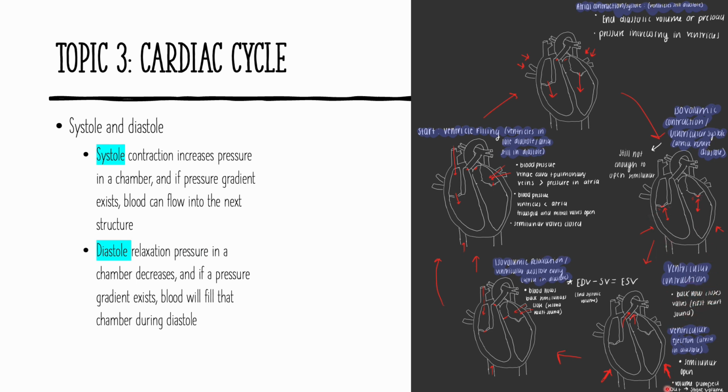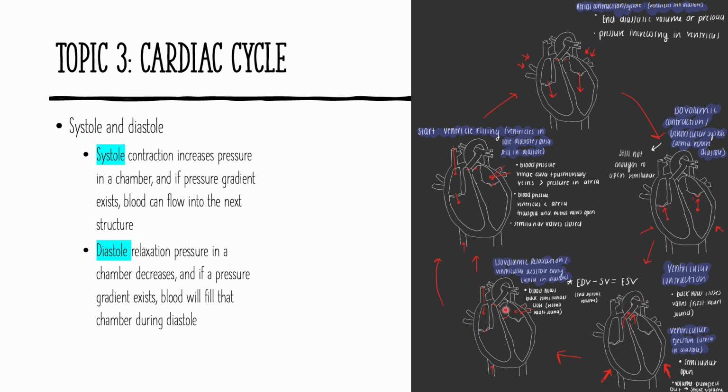As the ventricles start contracting more, we're going to go into our ventricular ejection, and our atria is still in diastole. Because of the pressure of these ventricles contracting, our semilunar valves are now going to open, and then that volume pumped out is called our stroke volume. That volume is going to push out into the aorta and pulmonary artery.